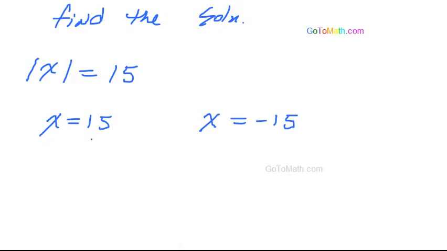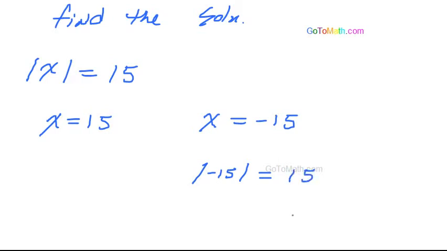Alright. So in other words, we can plug 15 in, and the absolute value of 15 is equal to 15, or we could put in the absolute value of negative 15. Remember what the absolute value bars do? It makes whatever's inside of here positive.